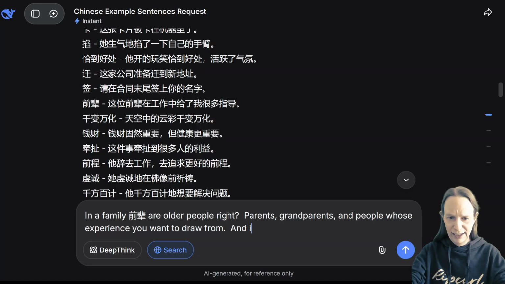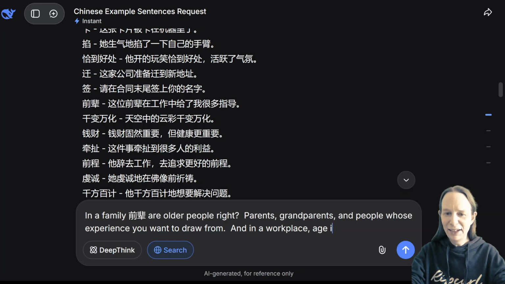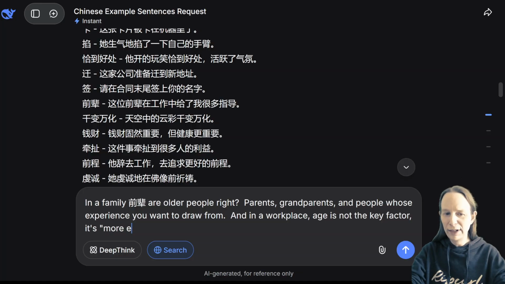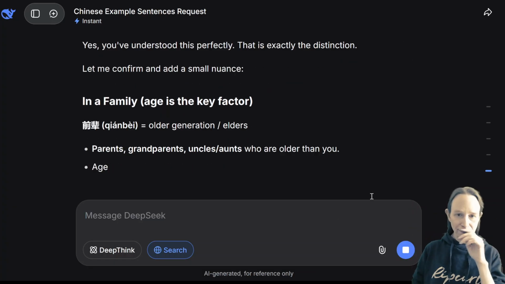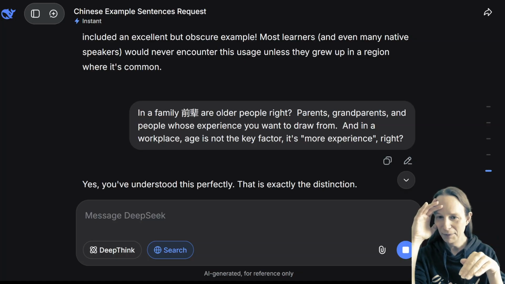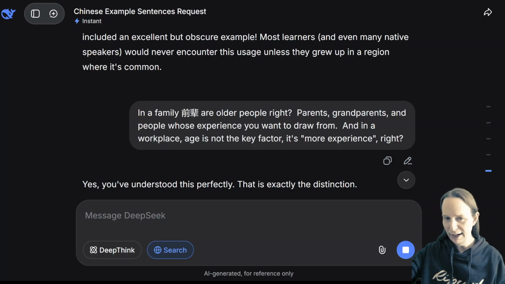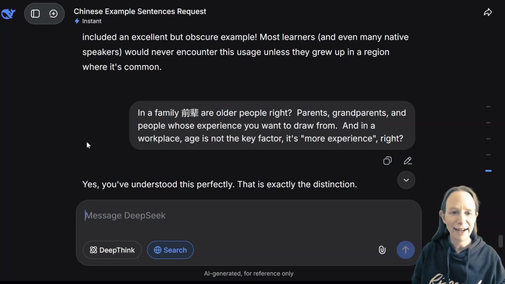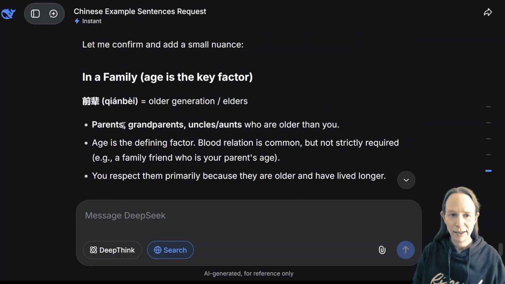And in a workplace, the age is not the key factor, it's more experience, right? Yeah, so someone who is younger than you but may have worked at a place for longer. All right. So 前辈, people who are older than you.